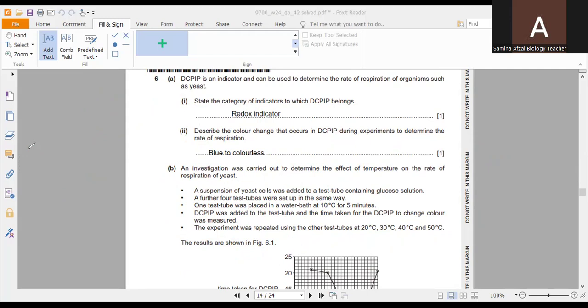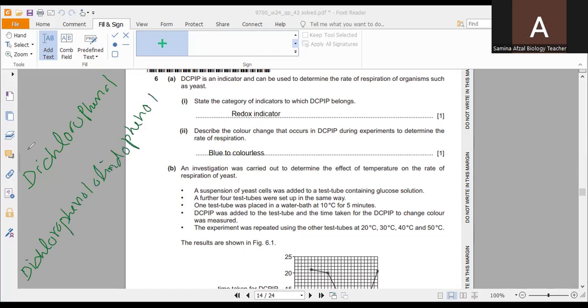DCPIP is dichlorophenolindophenol. So this is DCPIP. It belongs to the category of redox indicators.